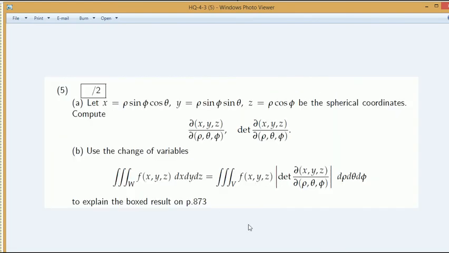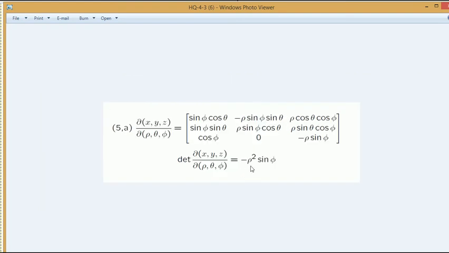The second one was the cylindrical coordinates. How about this one? It took some calculation to do the determinant with a lot of Pythagorean identities in there, right? But eventually we got there. The answer was negative rho squared sine phi, right? So what did you do?